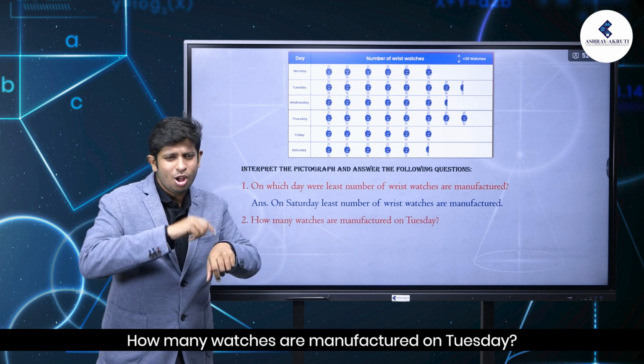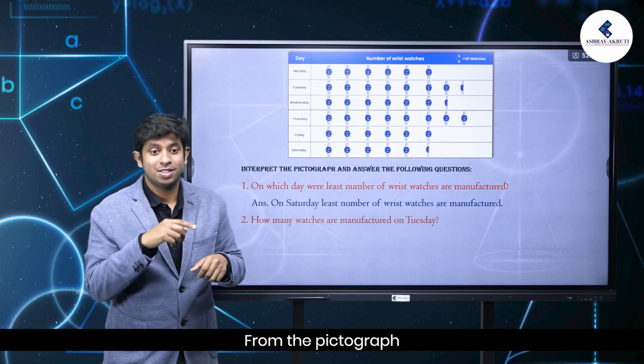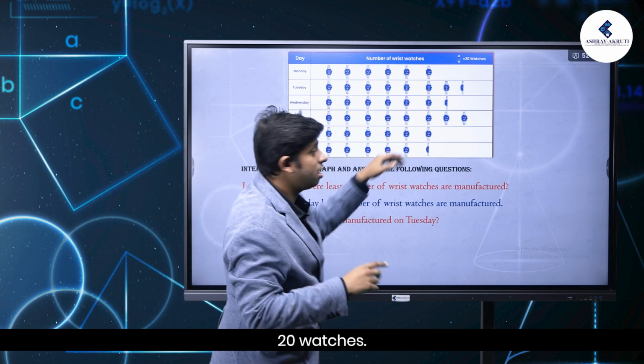How many watches are manufactured on Tuesday? From the pictograph, we can understand that one watch icon represents 20 watches.